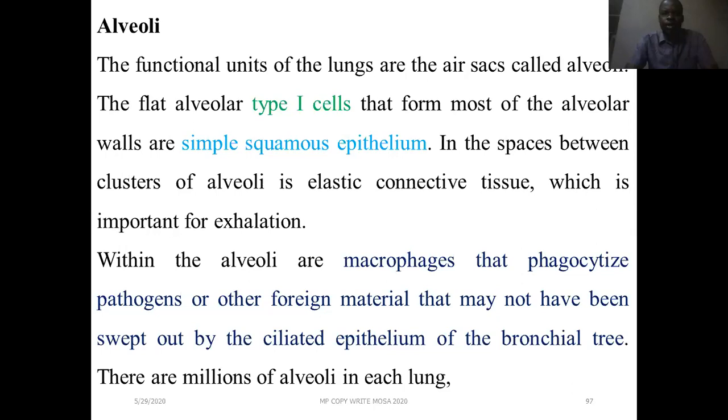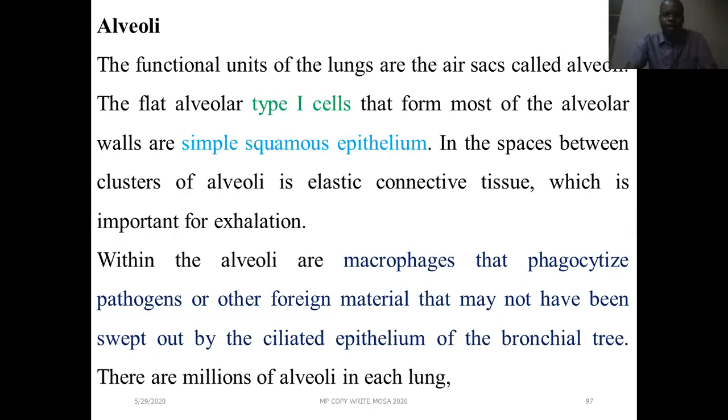So we are saying the functional unit of the lungs is the alveoli, and these alveoli are simple squamous epithelium cells. In the space between clusters of alveoli is elastic connective tissue, which is important for exhalation. So these tissues play a very important role when someone is breathing out.